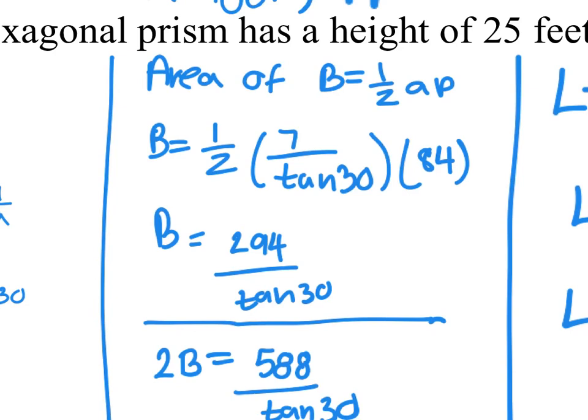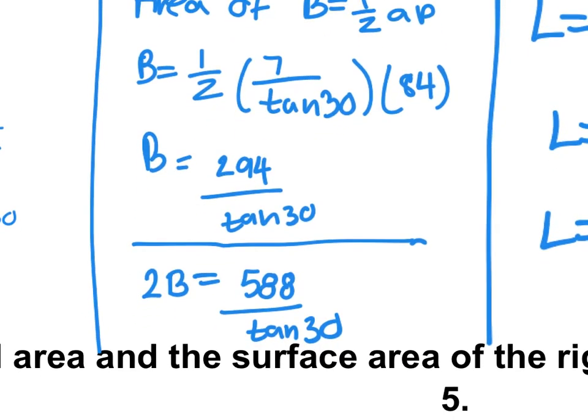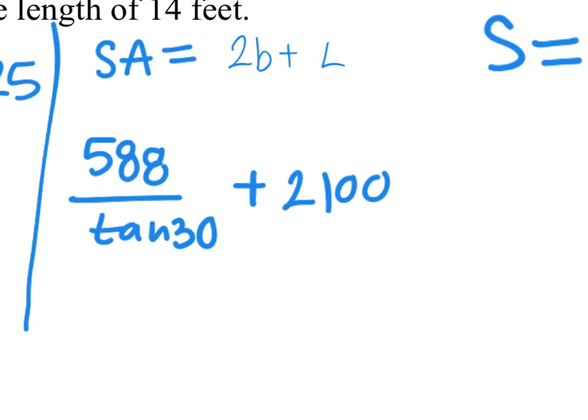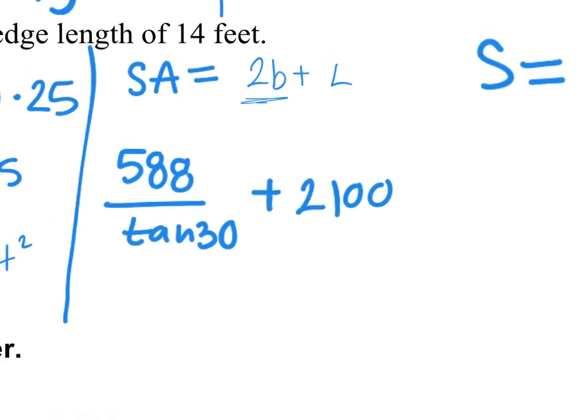Since my surface area requires that I multiply my base times 2, I went ahead and did that. So 2B is just going to end up being 588 over tangent 30.